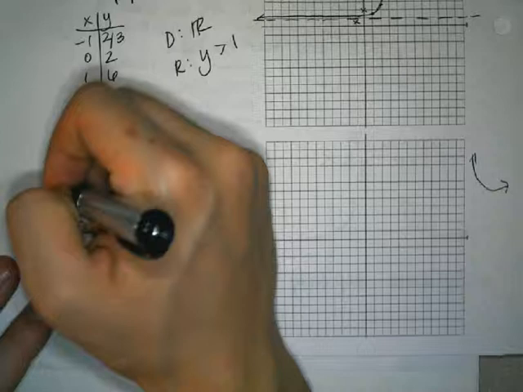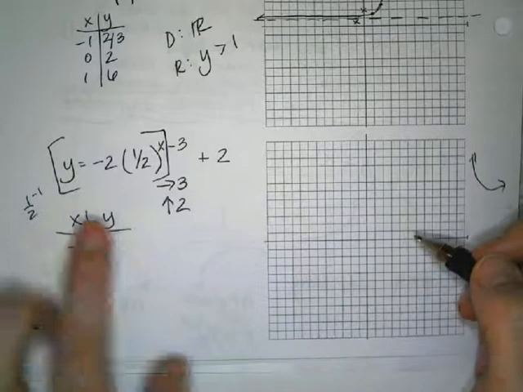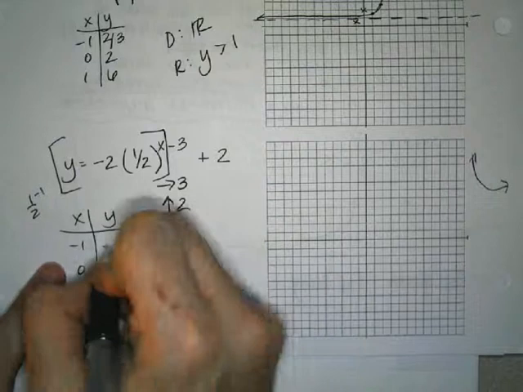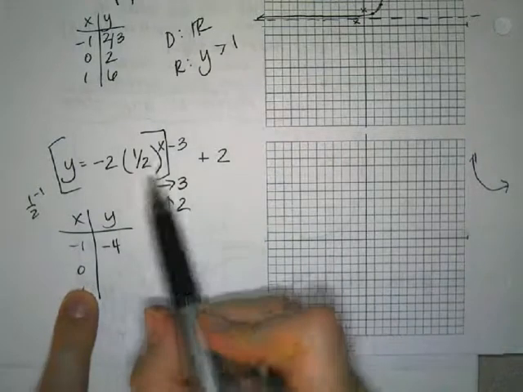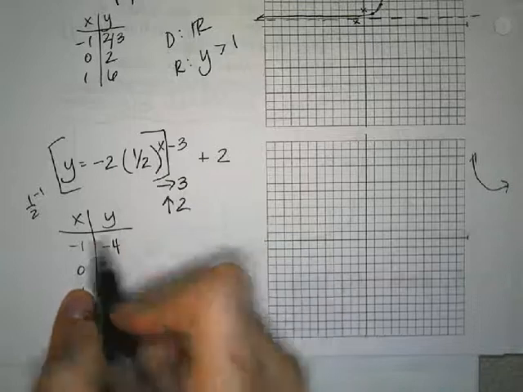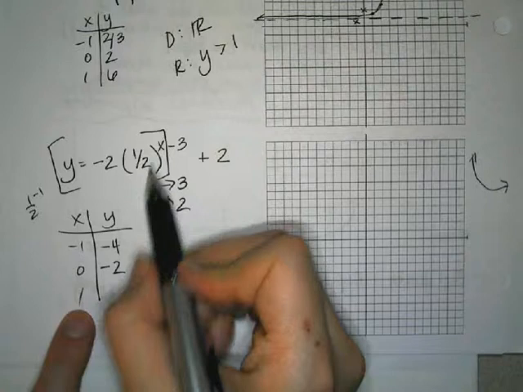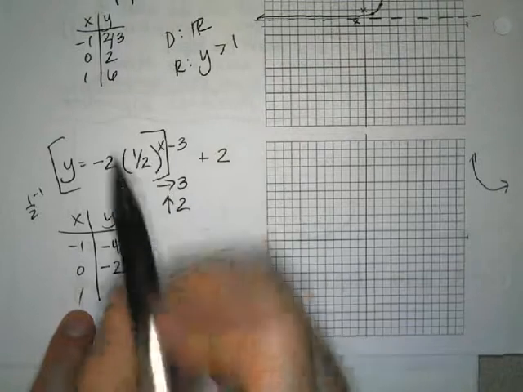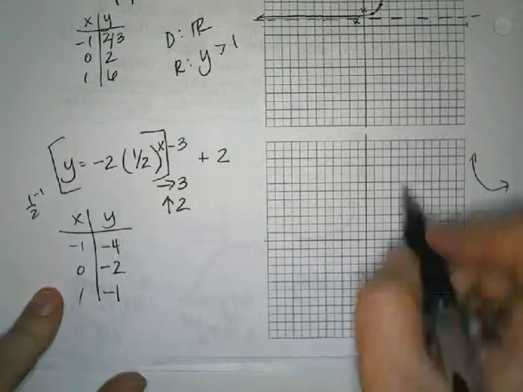So 1/2 to the -1 is actually 2, and 2 times -2 is -4. When I plug in 0, anything raised to 0 power is 1. 1 times -2 is -2. When I plug in 1, 1/2 to the first power is just 1/2, and 1/2 times -2 is -1. So I'm going to go ahead and plot those 3 points.